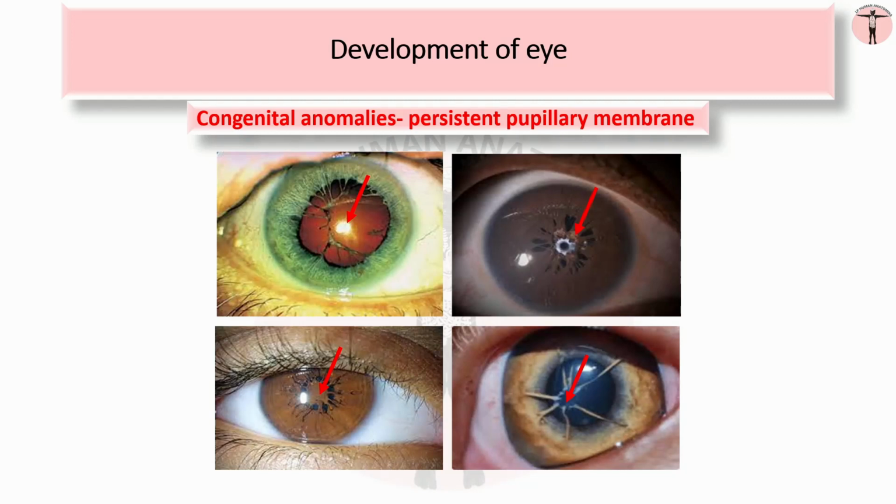A persistent pupillary membrane may have a variety of presentations, from a single strand of connective tissue anchored at one or both ends to several interconnecting strands. Pigment cells also might be incorporated. A persistent pupillary membrane is present in 17% to 32% of the population.